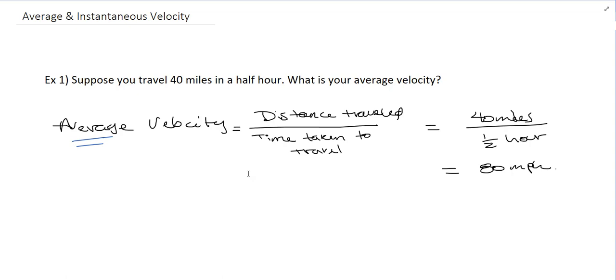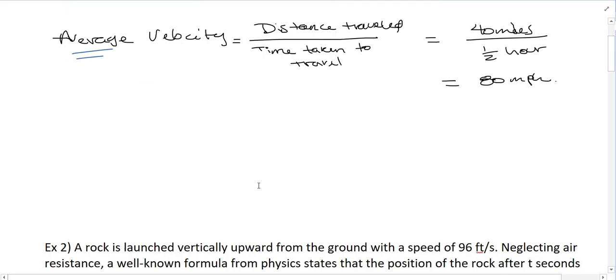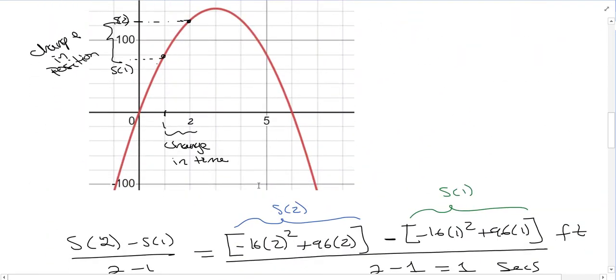A police officer is not going to follow you to see if you violate the speed limit and take your average velocity and give you a ticket based on that. Now they have radar guns that clock you at a specific point in time at a certain speed. So that is your instantaneous velocity. What is the velocity at that snapshot in time?